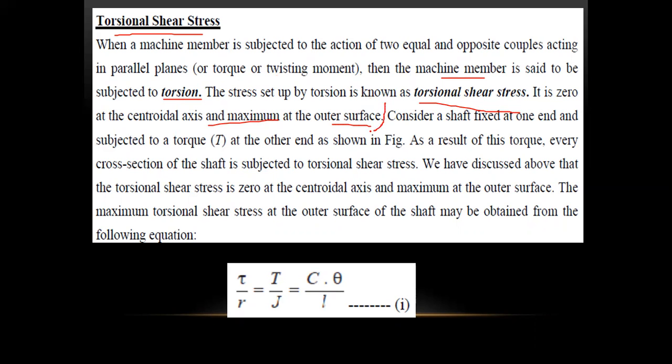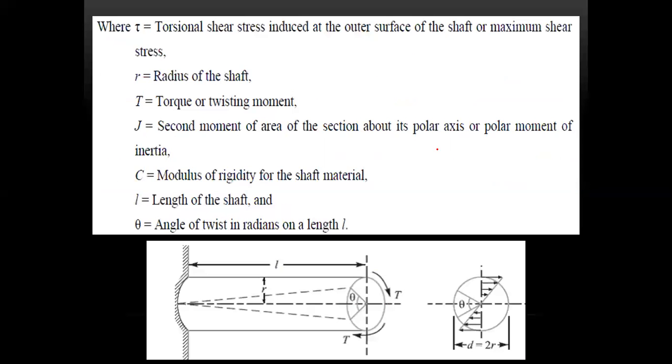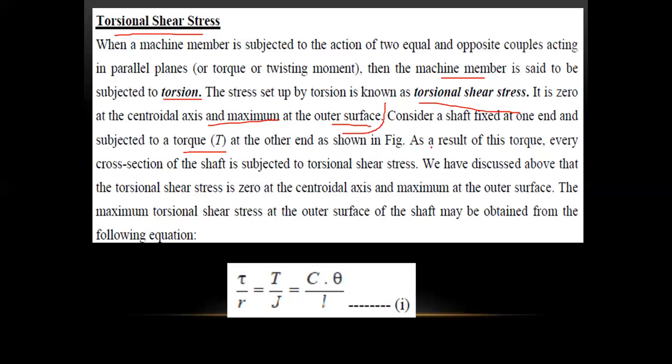If you take an example, consider a shaft fixed at one end and subject to torque T at the other end, as shown in the figure. As a result of this torque, every cross section of the shaft is subjected to torsional shear stress.